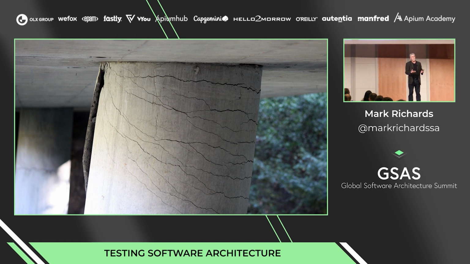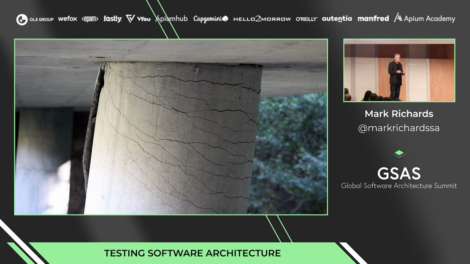That's elements of structural decay. Now, all pylons have some cracks, but what we're really looking for, and essentially what we're doing when we test software architecture, is looking for those cracks. Too many cracks, well, you can guess what's going to happen. That bridge will collapse, or that highway bridge will fall down.